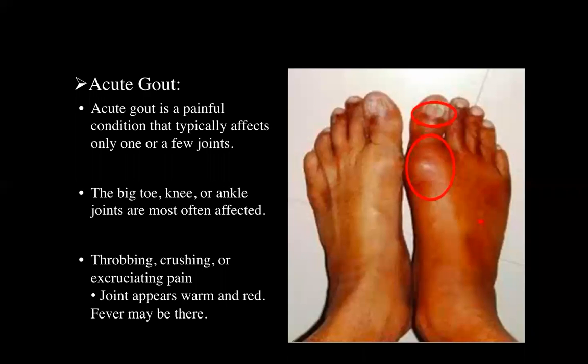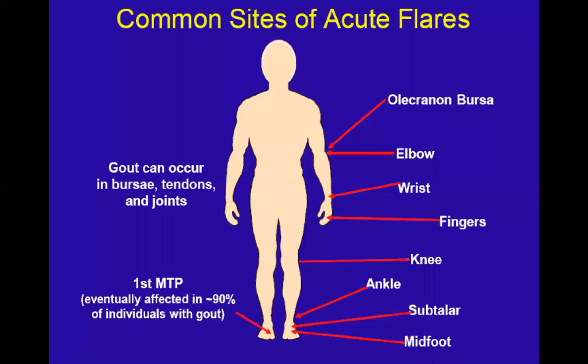The big toe, knee, or ankle joint are most often affected. Throbbing, crushing, or excruciating pain. The joint appears warm and red. Fever may be there also.